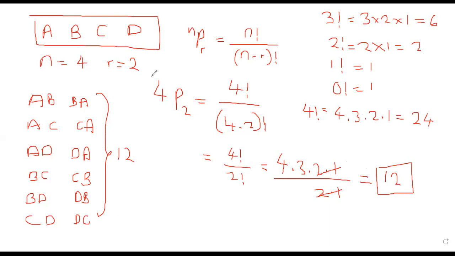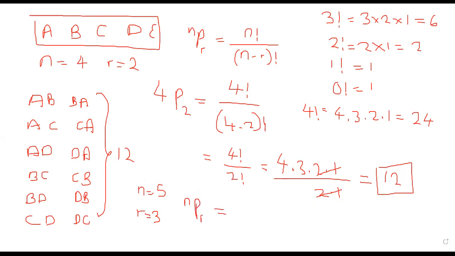All right. So suppose the letters were 5. There's an E there. And they ask you in how many ways can we rearrange these in threes? So you're going to say the number of elements are 5. And our radical is 3. So how are we going to rearrange this? nPr.